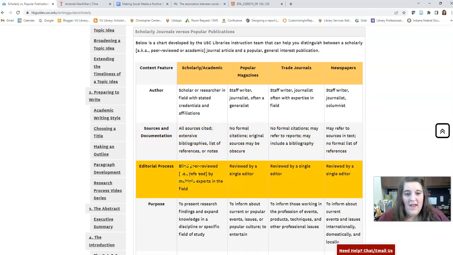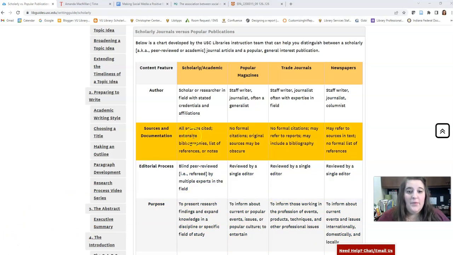It can be blind peer reviewed or it can be double blind. Double blind means that the reviewer isn't identified and the author isn't identified, so no one who is being reviewed knows who's reviewing or being reviewed. So there's no room for potential bias there.